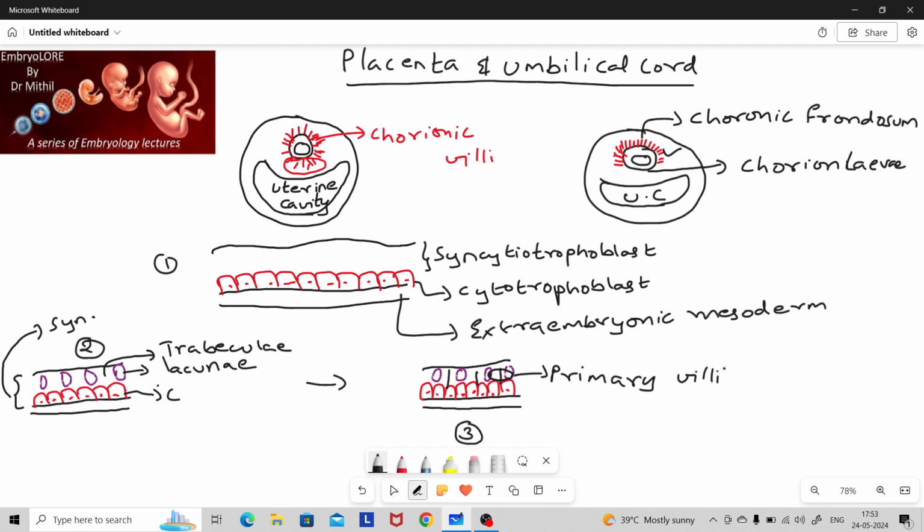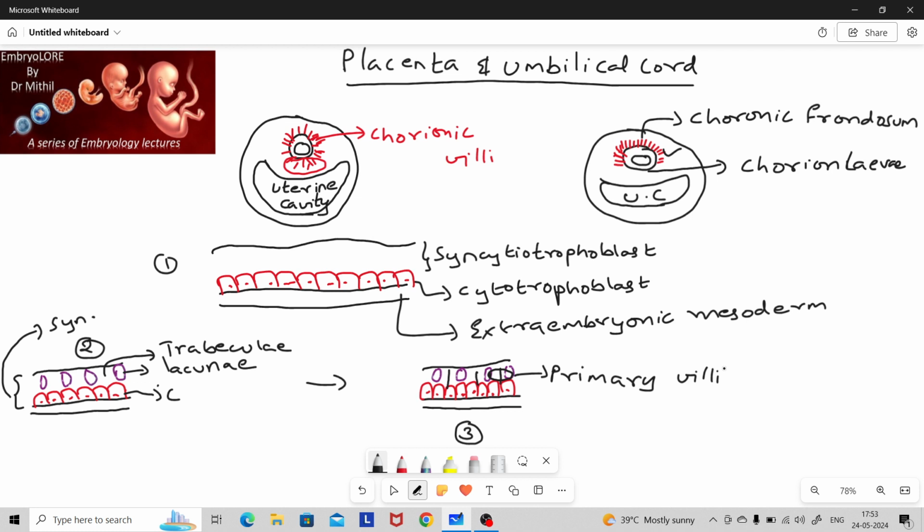Actually, at this junction, let us try to understand what a villus actually is, how many types of villi there are, and what their composition is. Let us take a break in the placental formation, and at this level understand the different types of villi.